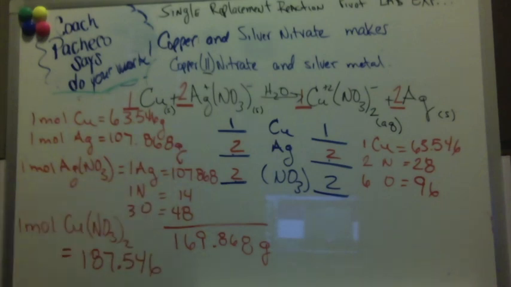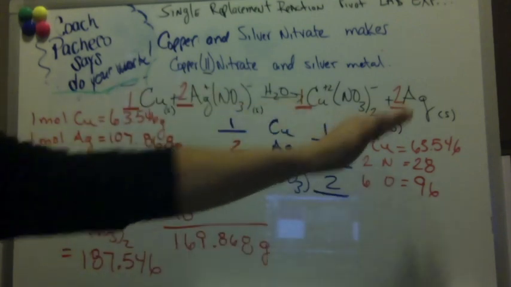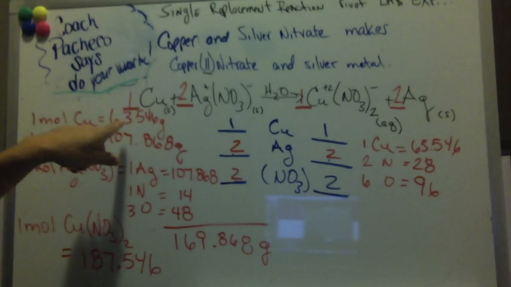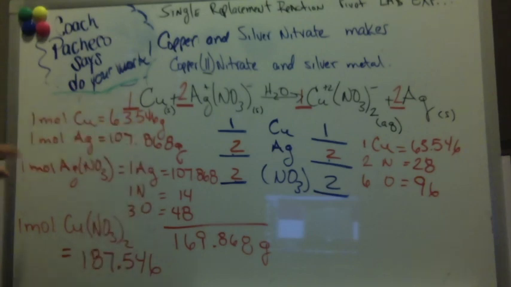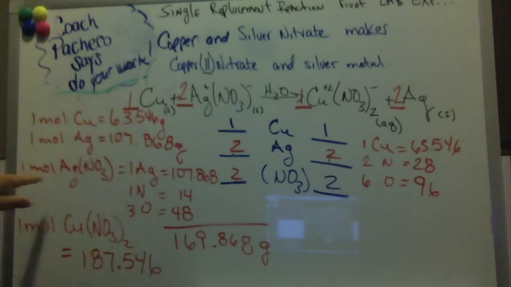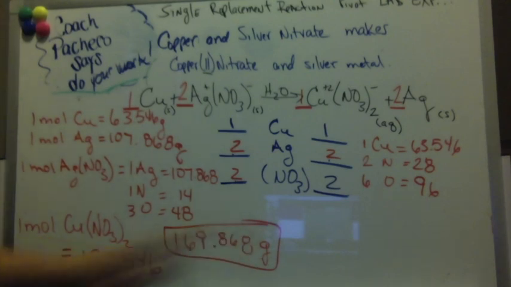We also found out the molar mass of all the elements and compounds that we are dealing with. 1 mole of copper is 63.546 grams. 1 mole of silver is 107.86 grams. 1 mole of silver nitrate is 169.868 grams. And 1 mole of copper nitrate is 187.546 grams.